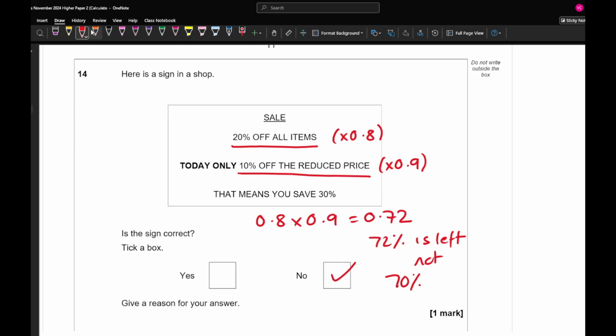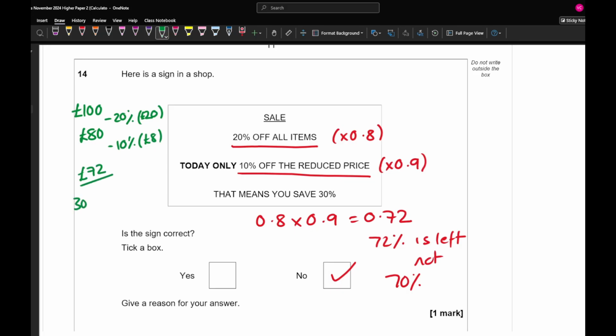Now another way of doing this is if you imagine that you're buying an item that is, let's say, £100. If you take off 20%, you're going to be left with £80. Then if I'm taking 10% off, so minus 20%, which is £20, then if I take off another 10%, that is going to be £8 off, which is going to give me an answer of £72.